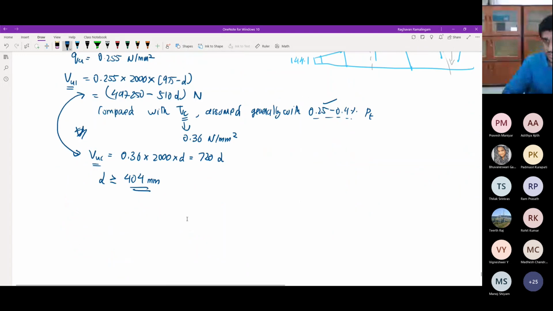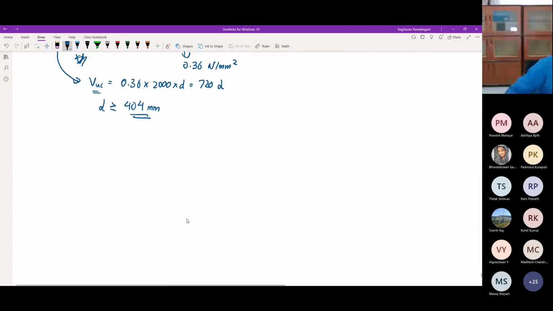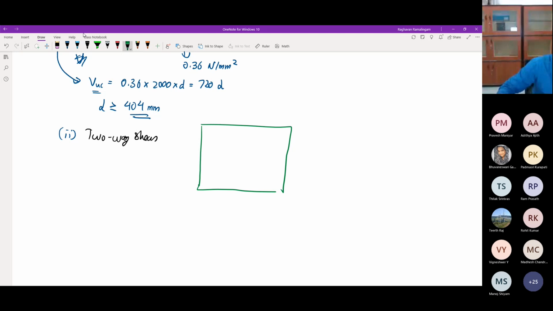So for two-way shear, the critical section will be a rectangle. It will not be a straight cut, it will be a rectangle. So again, I'll just draw the critical section for this. It is very similar, except that your critical section distance will be a little different.